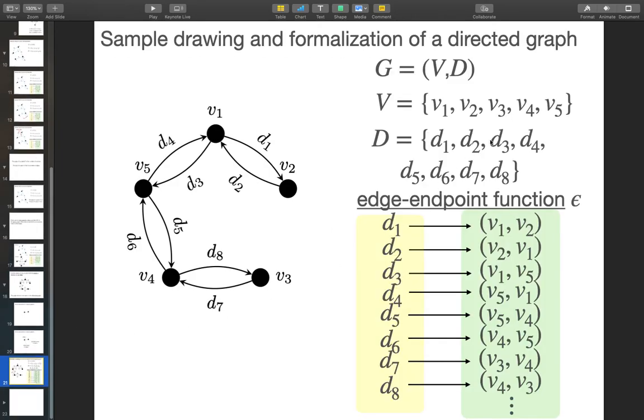Yan. So, here we have an example drawing and formalization of a directed graph. So, ano lang ba ang gusto kong ipapansin sa inyo rito? Ito lang, yung itsura ng edge endpoint function kapag directed graph. Note na sa directed graph, we distinguish the endpoints. No? Nagmamatter yung order.